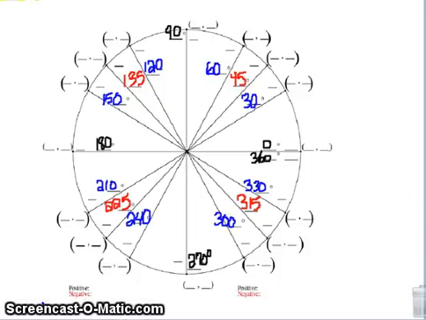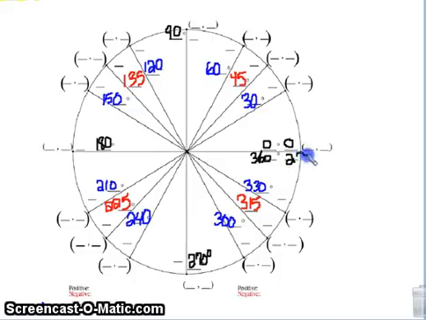From here, we are then going to talk about our radian measure. Radian measure we started yesterday, and we said we can start with 0, and what was an entire circle all the way around? That's 360 degrees. In radian measure it was 2 pi.